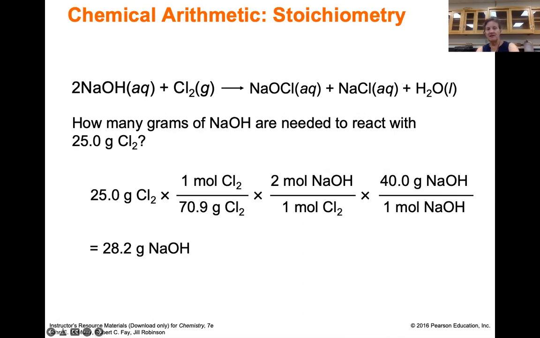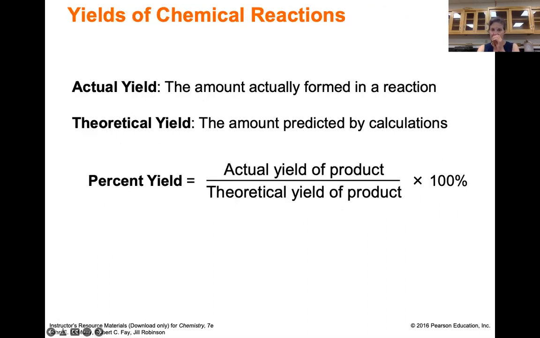If we went back here and said how much sodium chloride can we make from 25 grams of chlorine gas, we could have done the same calculation, except rather than converting it into sodium hydroxide, converted it into sodium chloride. And then the quantity of sodium chloride that we could make is the theoretical yield.